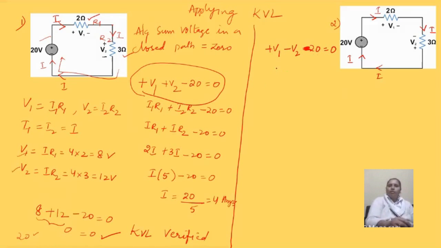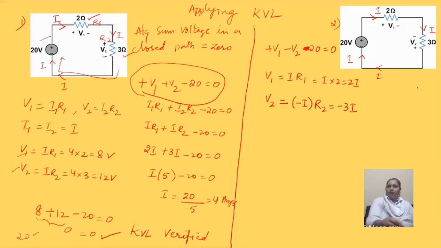Now what is V1? V1 is I into R1, that is I into 2, so it is 2I. Similarly, what is V2? V2 is minus I into R2, minus I into 3, so it is minus 3I. So why have we taken minus?